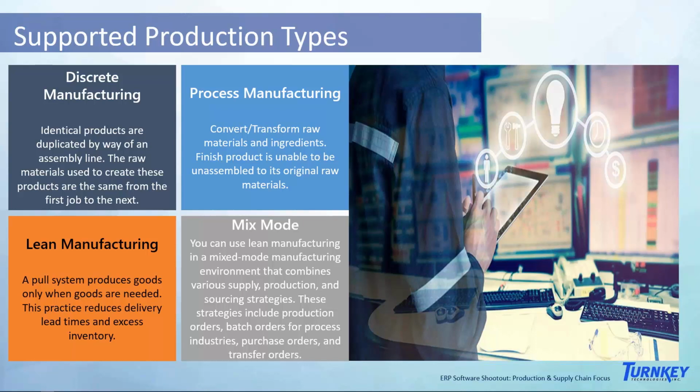Another thing F&O is ready to do out of the box is lean manufacturing. Lean manufacturing creates Kanban cards, Kanban jobs, and schedules Kanban. So if we are intending to get into a JIT manufacturing model, Kanban is where we should go. A lot of this we see in the manufacturing industry: a car gets into the line, and I really don't need to have any material before that happens.